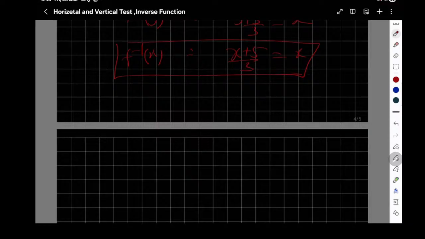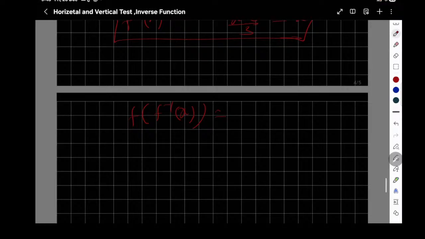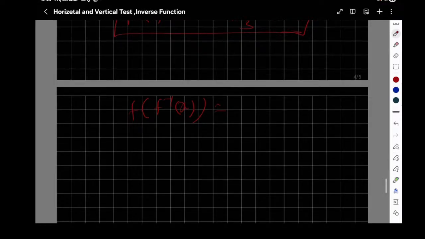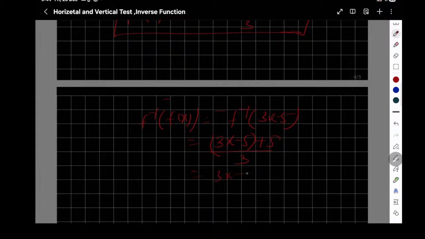How can we check whether f of f inverse of x is the identity or not? This is very easy, so we check whether our solution is correct. f inverse of f of x is f inverse of 3x minus 5, which is 3x minus 5 plus 5 over 3.